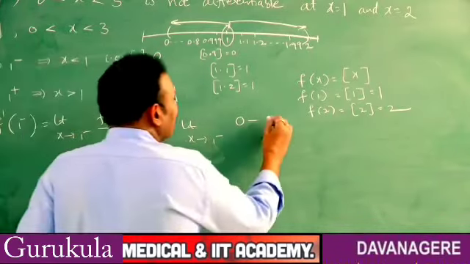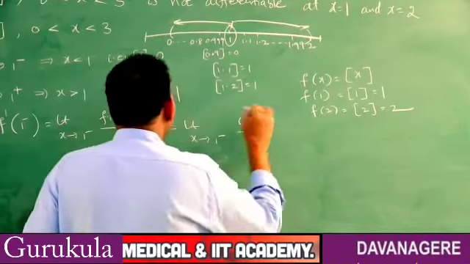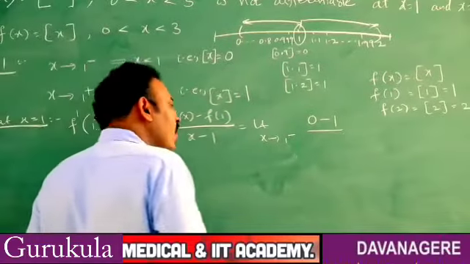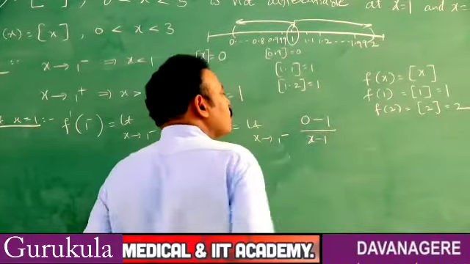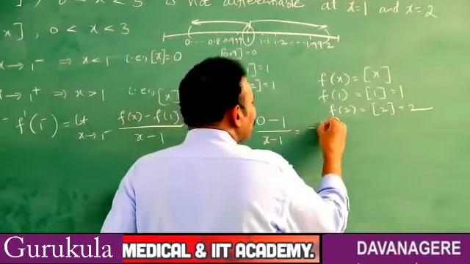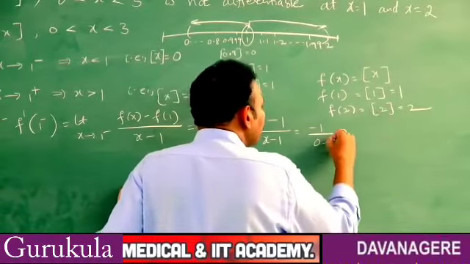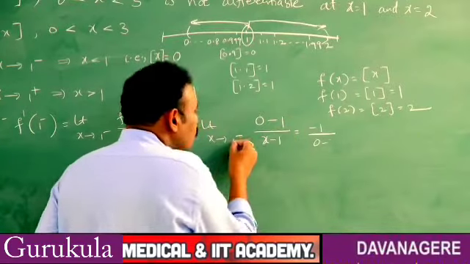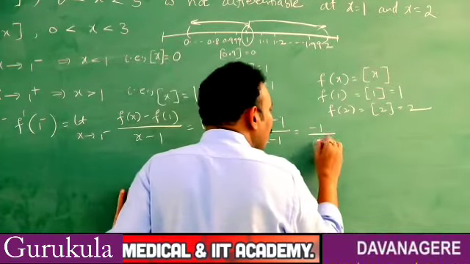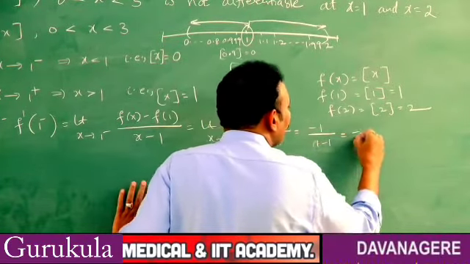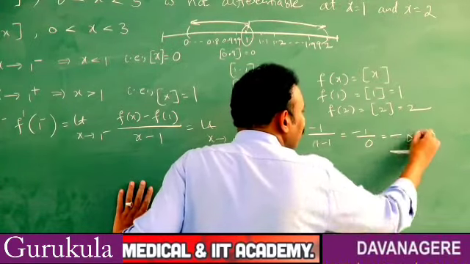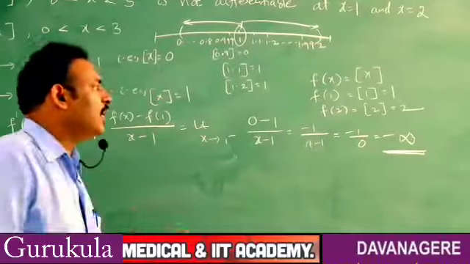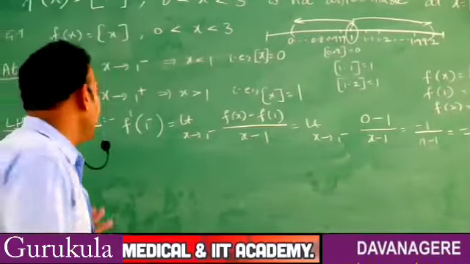So f of 1 is 1, by x minus 1. Therefore, minus 1 by 0. x tends to 1 minus means x value 1. If you write 1 minus 1, minus 1 by 0, its value is minus infinity.